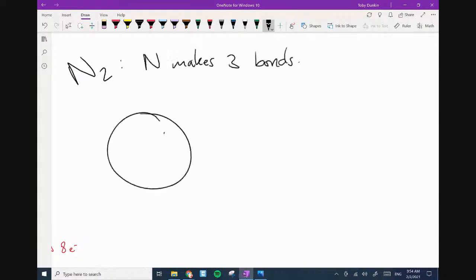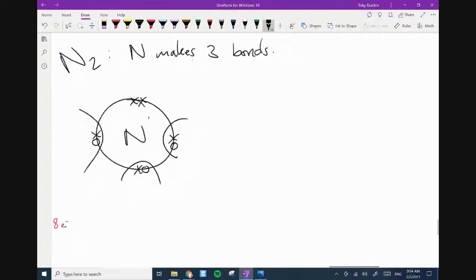Because nitrogen has 5 electrons originally. How do I know that? Because it's in group 5. So it's going to make 3 covalent bonds to fill and get to 8. Turn it into a stick. Totally fine. There you go.